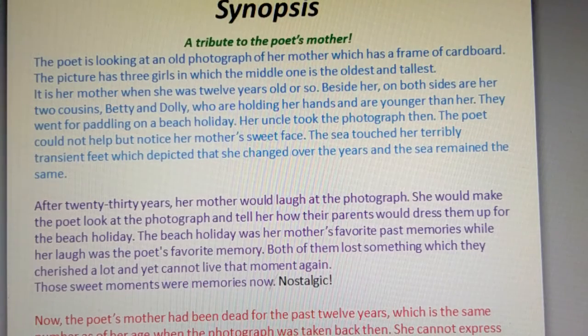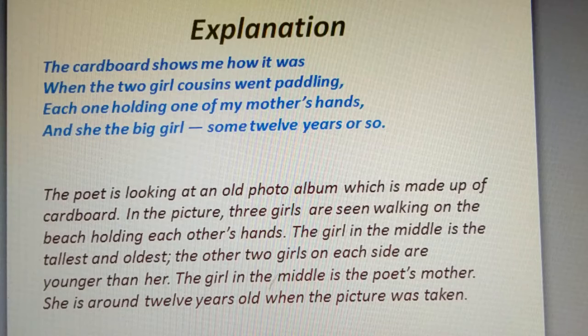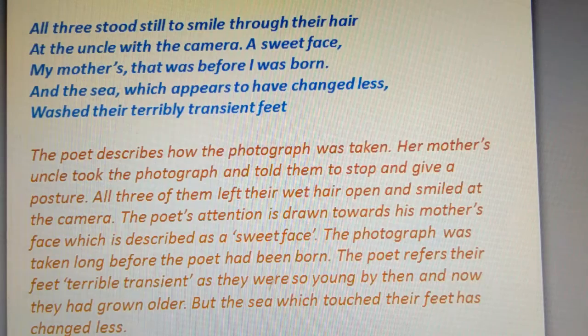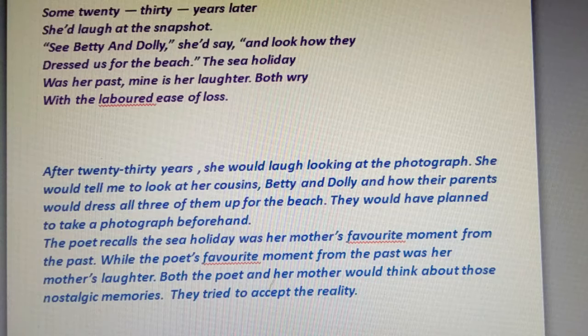Did you read the poem, the synopsis? Now explanation, stanza-wise. Go through the stanza and the explanation. The next stanza. The next stanza.